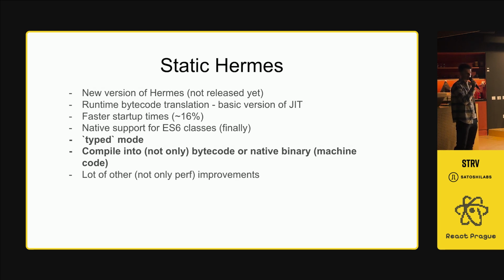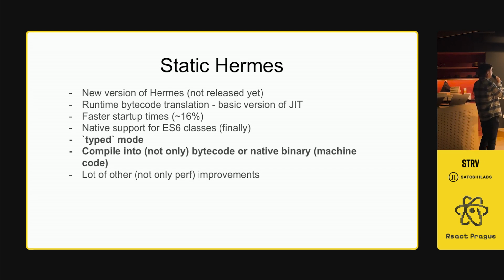This is the version that we have used for a while now, but now we have a new version on the horizon. It's called Static Hermes. It was introduced about 2 years ago at React Universe. It's not released yet. It introduces a few new features, and some of them were backported to the current version, so you can use them in the latest version of React Native, even if you don't use Static Hermes.